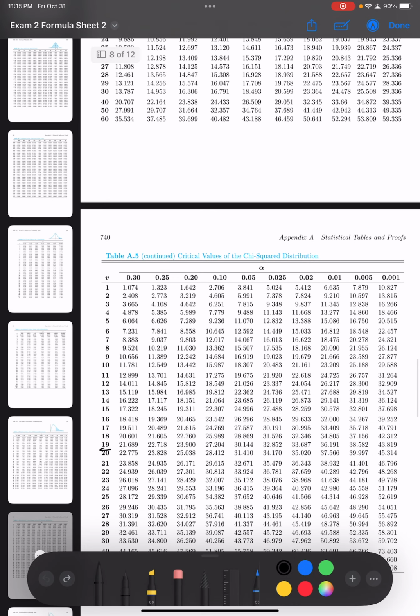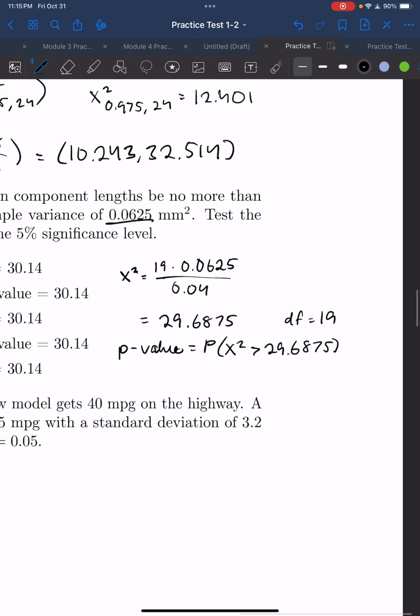And let's look over here. So 19 degrees of freedom, and our 29 is between these two values, so it's between 0.05 and 0.1 for our alpha values. So we know it's greater than 0.05.